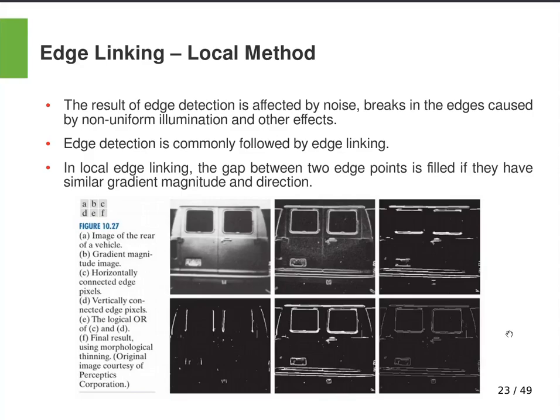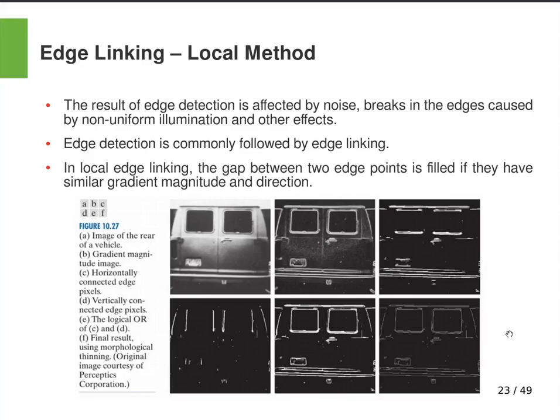The whole point of local edge linking is that if there are pixels in each other's neighborhood which have a similar gradient magnitude and direction, then we connect them together, otherwise we don't.